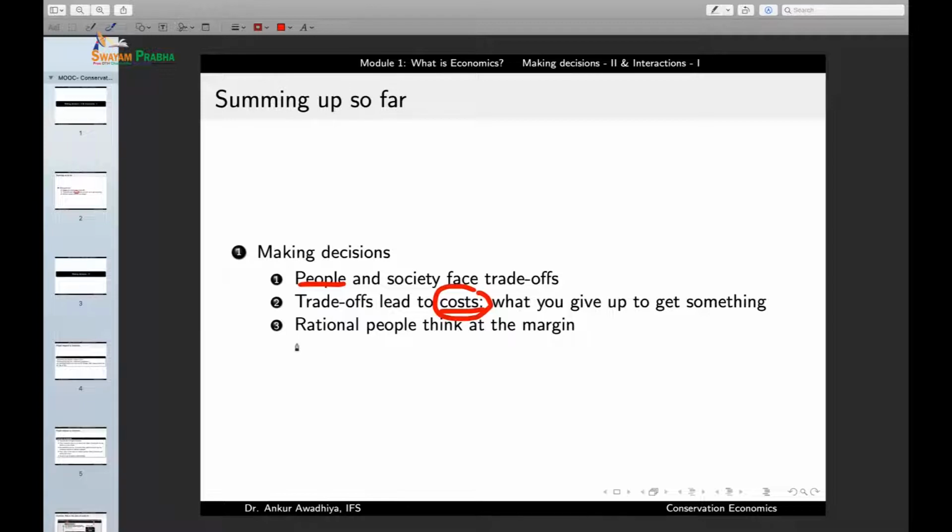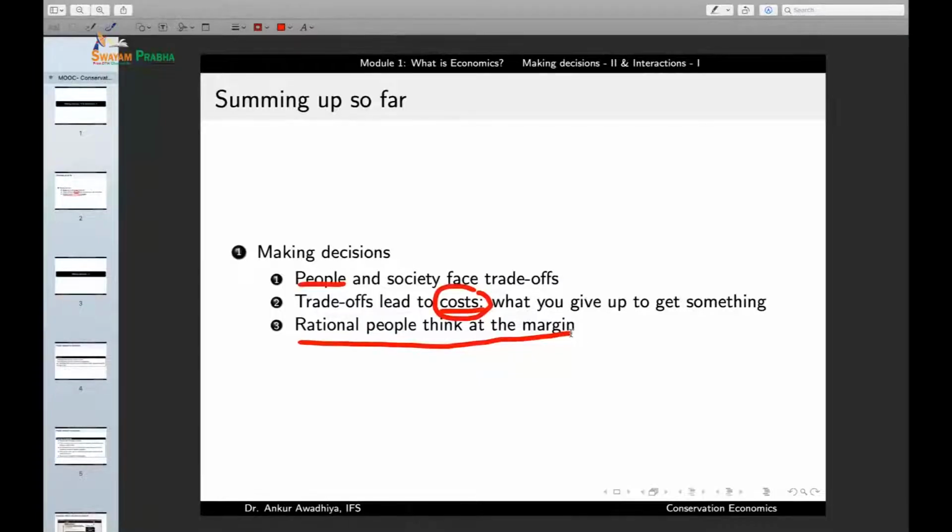The third point that we considered was that rational people think at the margin. Now, economics considers that people are rational. Now, who is a rational person? A rational person is one who does all sorts of computations, who keeps all the information that he can have access to in his mind before taking a decision, to optimize the decision for his or her own benefit.